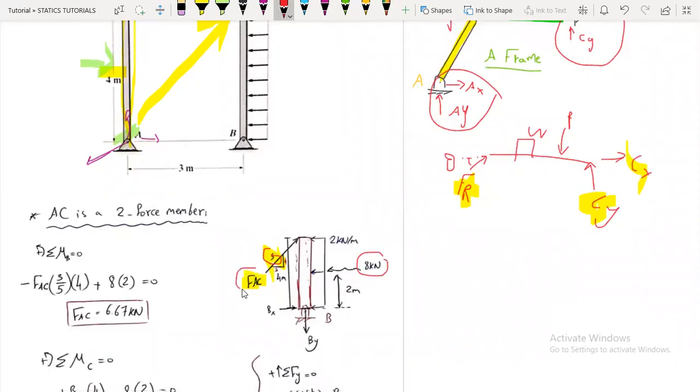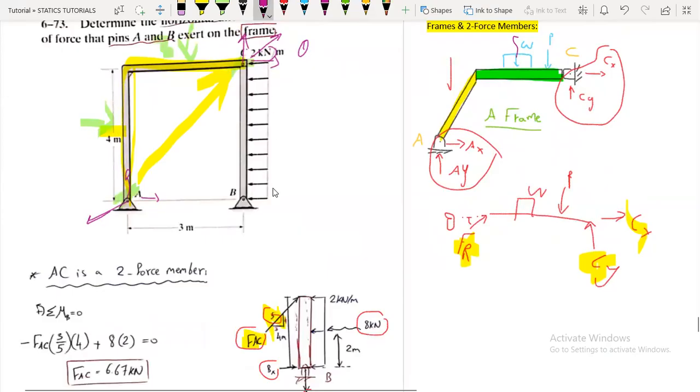And here, check, we are left with only 3 unknowns, Bx, By, and FAC, and the resultant is in the middle, 8 kilonewtons of this uniform load.